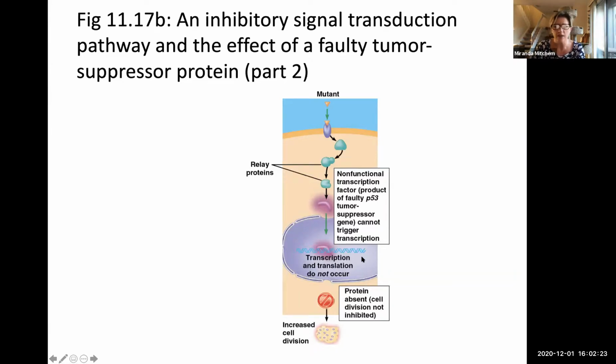So consequently, transcription and translation don't occur where we don't have the right materials. So there is no growth inhibiting protein produced, which means cell growth will go on uncontrolled because the tumor suppressor genes are not doing their job of producing the growth inhibiting proteins.